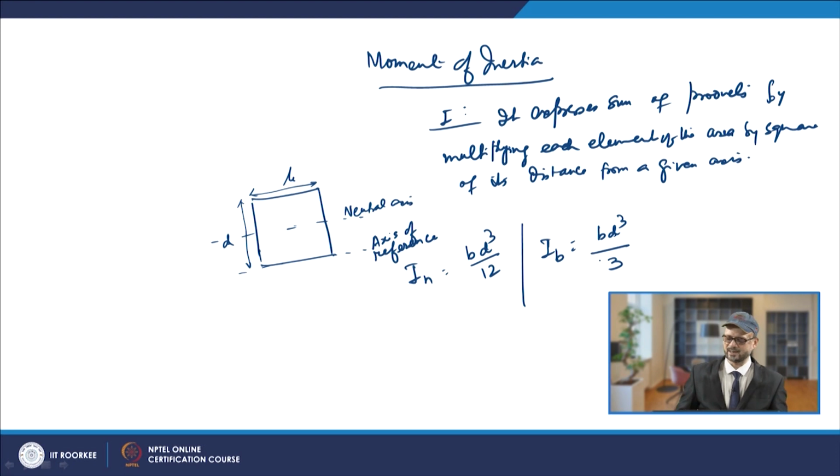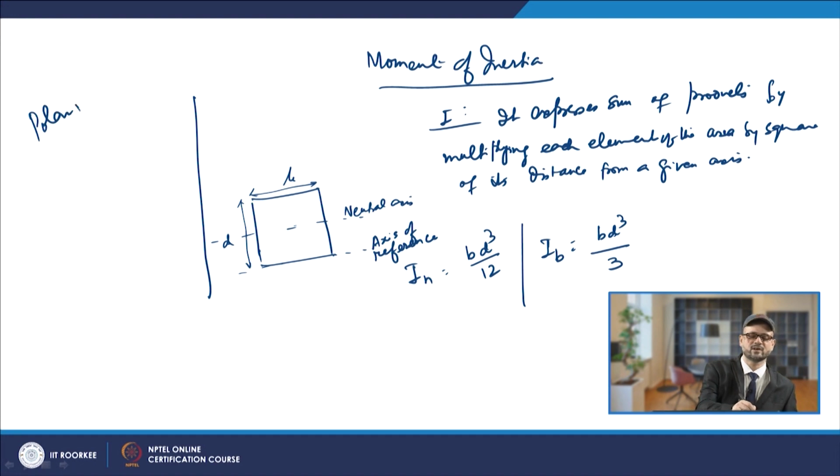So, basically the knowledge about the moment of inertia will also be used in finding the value of the polar moment of inertia, that is J. That is used for finding the polar moment of inertia.